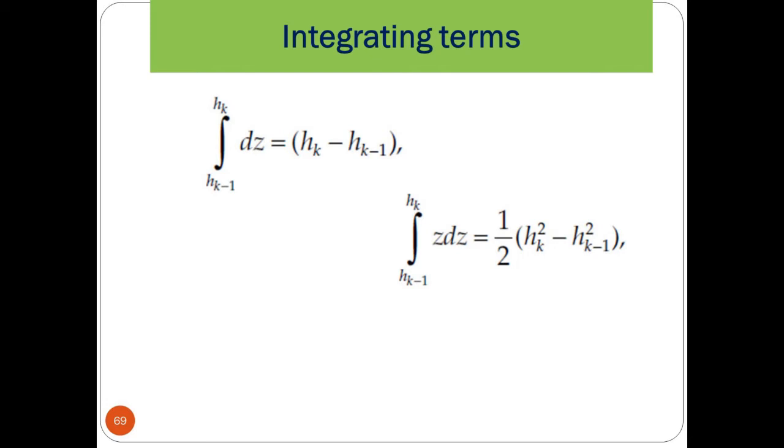So z dz equals 1 by 2 of hk square minus h(k-1) square, for the bottom surface h(k-1) and for the top surface hk.